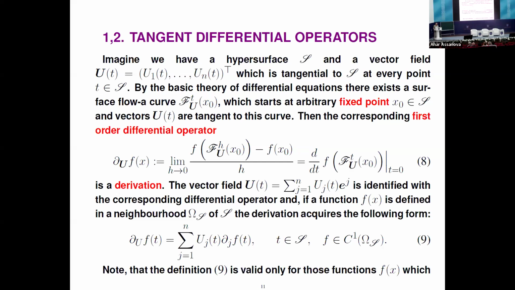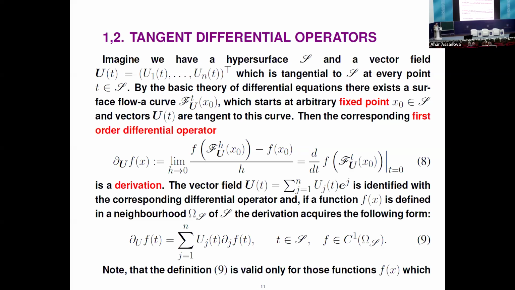Imagine we have a surface and a tangent vector field. At every point we have tangent vectors. We choose an arbitrary point, and there exist curves, which are called the flow, and these vectors from our vector field are tangent to it.